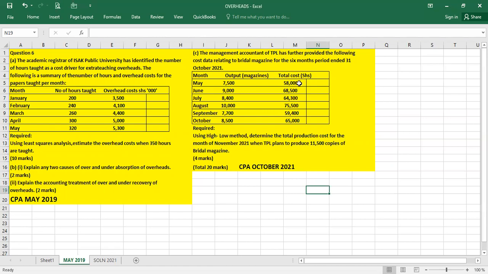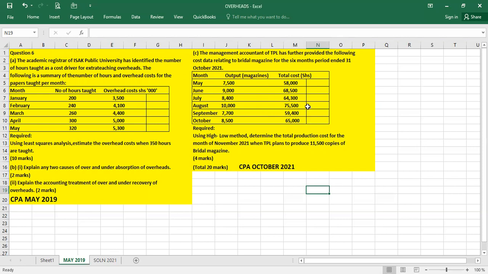This total cost is inclusive of the fixed and the variable costs. But remember, when we are using high-low methods, the main emphasis or the main assumption is that we assume that the total fixed costs within this item are fixed or constant at any given level of output.